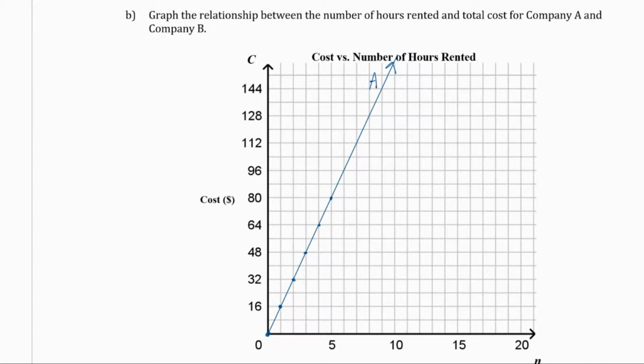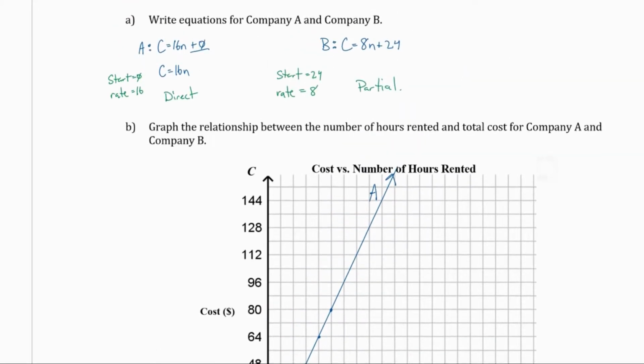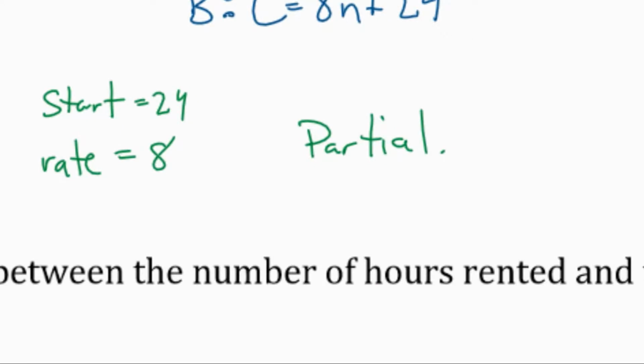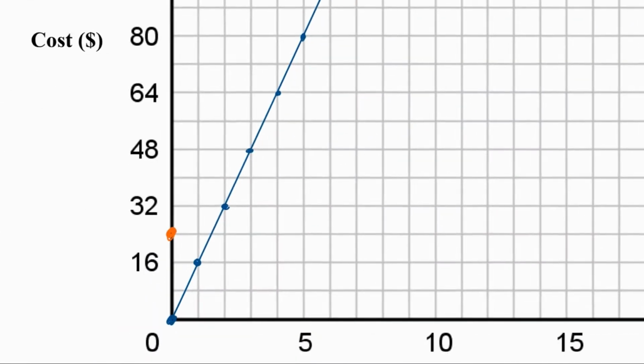So B starts at 24. This is counting by 8s: 8, 16, 24 is right there. And it's going up by 8. Okay, it starts at 24 and is going up by 8. The change is 8. So I start at 24, and if I go over 1, I go up 8. So 16 was 2 squares. That means 1 square is half of that, which is 8.